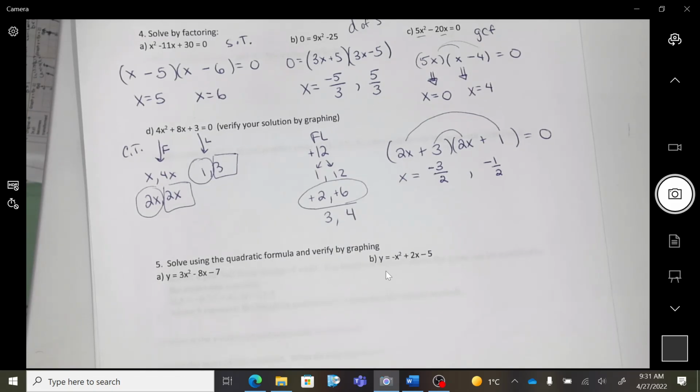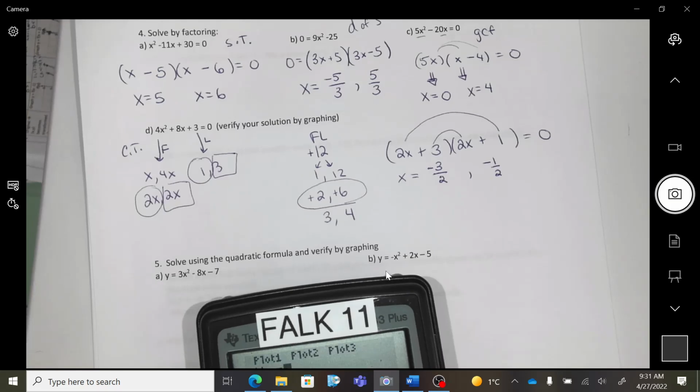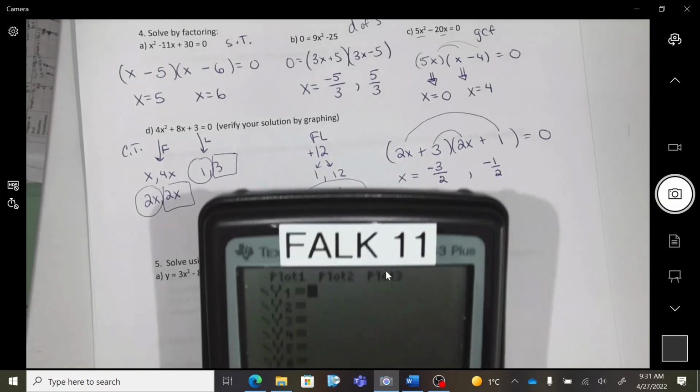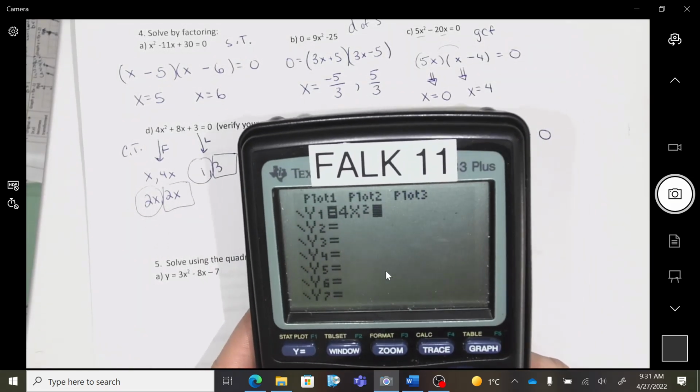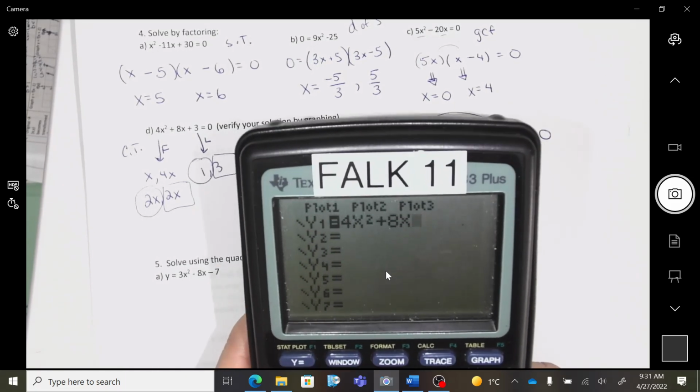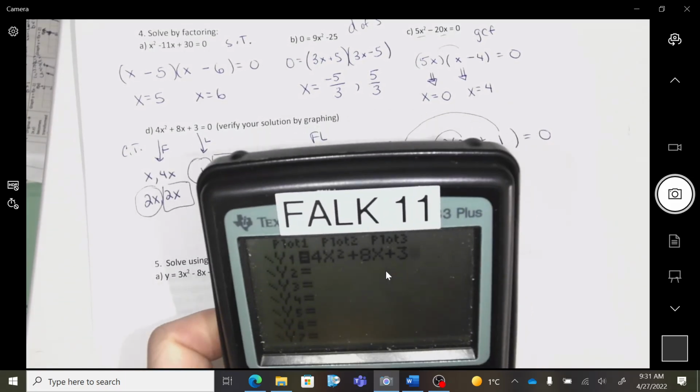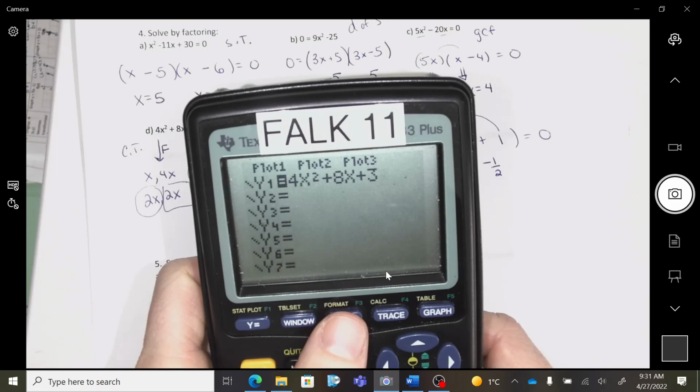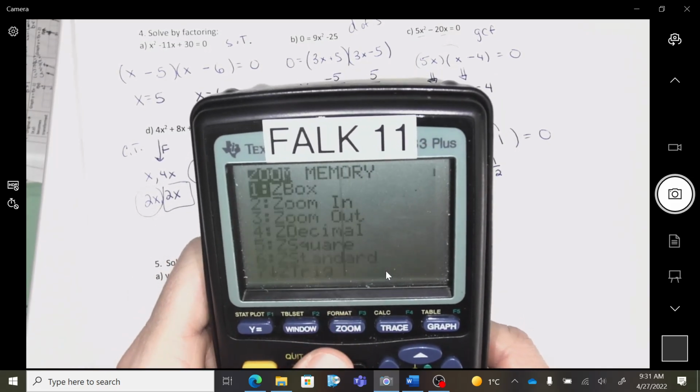Okay, so verify by graphing, so we'll plug this in. Okay, so 4x squared plus 8x plus 3. I'm going to zoom 6 it when I'm done.